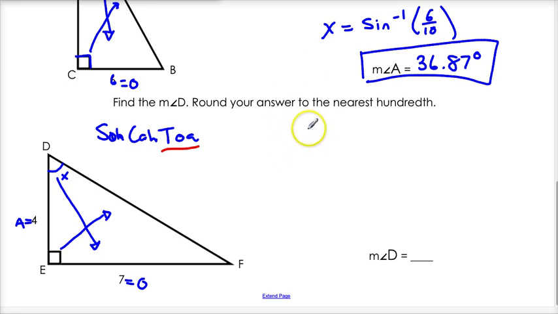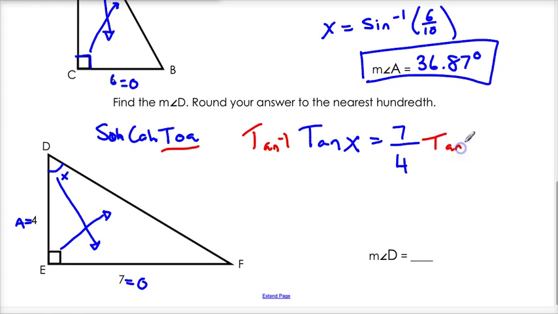I'm going to say that the tan of x, because I don't know what x is, is equal to opposite over adjacent, which is 7/4. To solve this, what I need to do is take the inverse function to get x by itself. So I'm going to do tan of -1 on both sides.